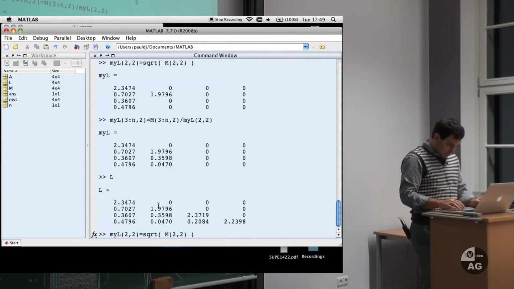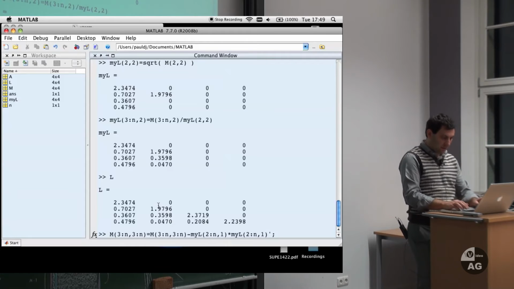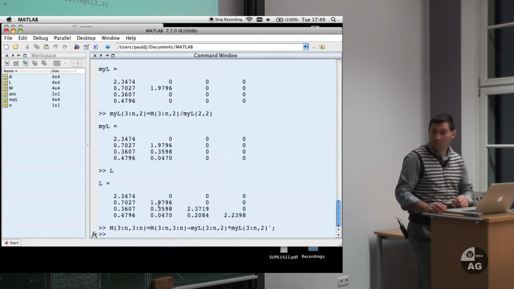So it's 3 to n, which is whatever is sitting there. Now we take what we just computed times its transpose, we update.